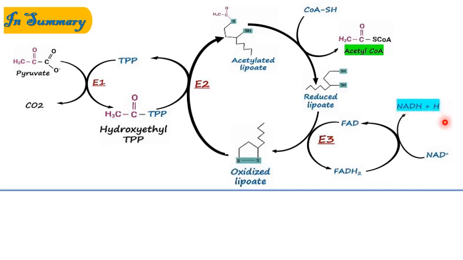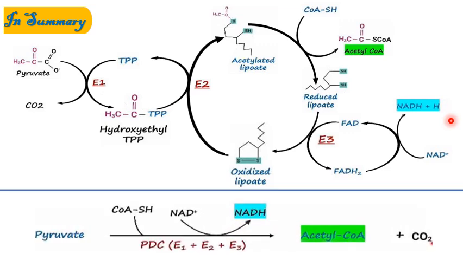So when this happens, we have generated our NADH and also our acetyl-CoA. The acetyl-CoA will enter the citric acid cycle, or the TCA cycle, and then energy generation completes.